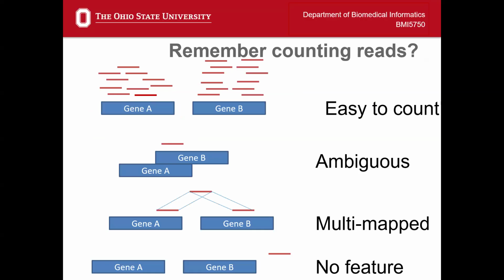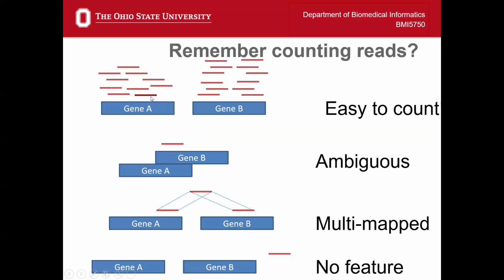So remember back, I guess two lectures ago, we were talking about counting reads. And I want you to remember that a count represents a single sequenced read mapping to a gene.